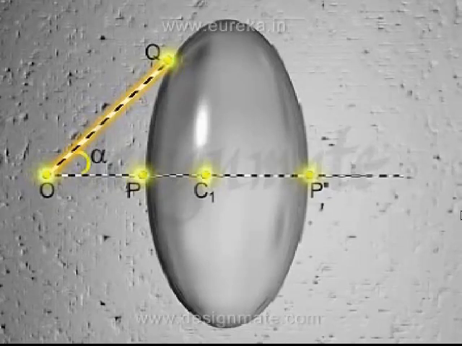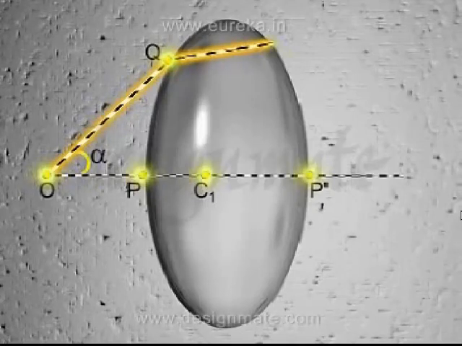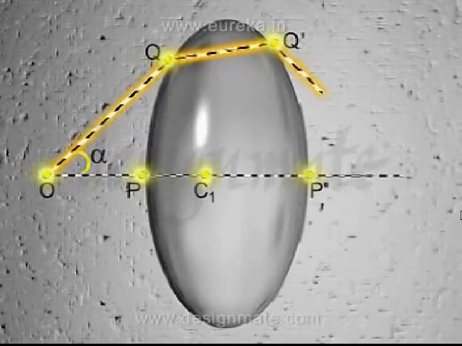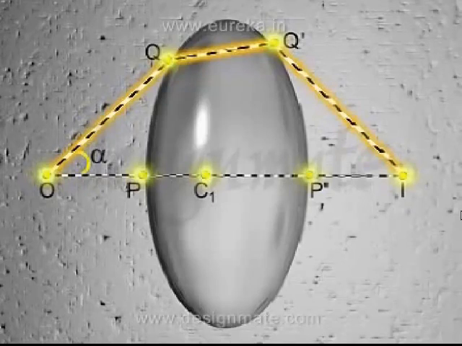It is refracted there and then proceeds along the straight line in direction Q, Q' and arrives at point Q' on the other surface of the lens. It is refracted again at Q' and moves along Q'I direction.